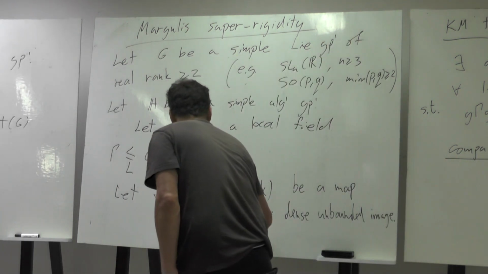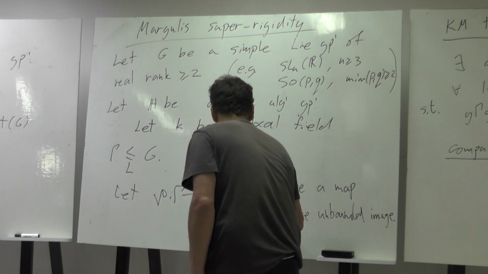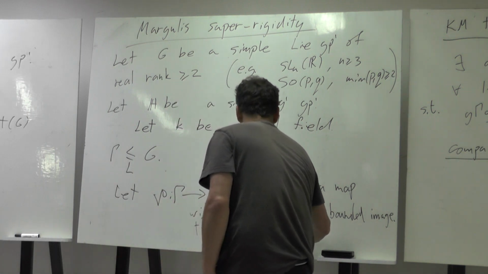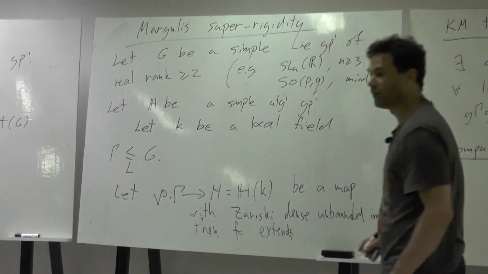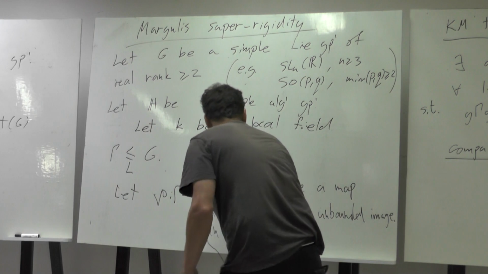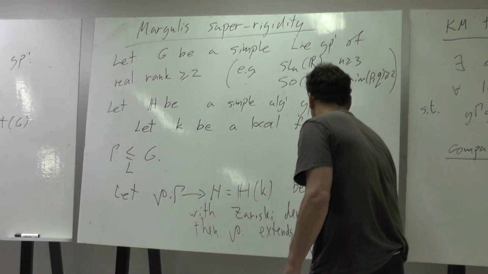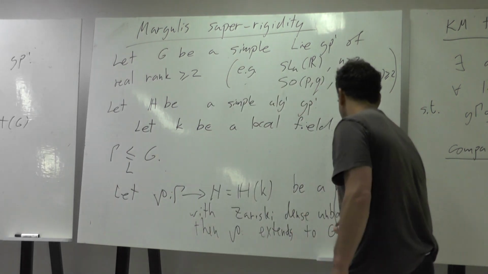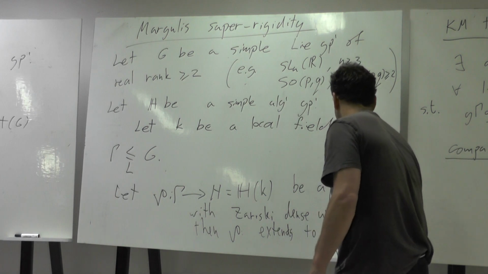Then rho extends to G, to a map rho tilde from G to H.